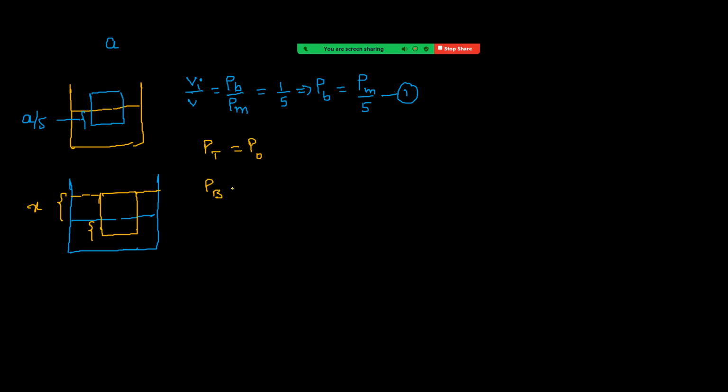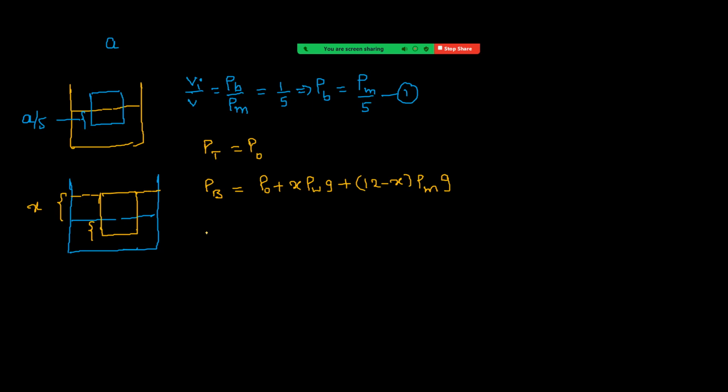Pressure at the bottom is equal to P naught plus x into density of water into G, plus the remaining, which is 12 minus x, into density of mercury into G. This gives us the pressure at the bottom. Cross check once: P naught plus x into density of water into G, remaining is 12 minus x into density of mercury into G.